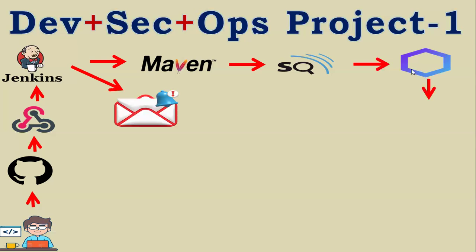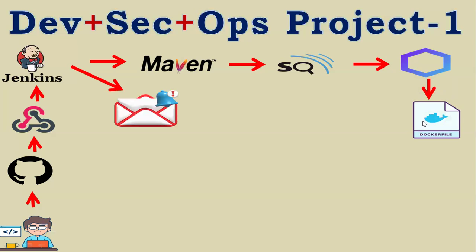Once we build and deploy into the Nexus repository, then we take the Docker file to deploy our application in a Docker container on a custom image. So we are taking that Docker file and that WAR file.